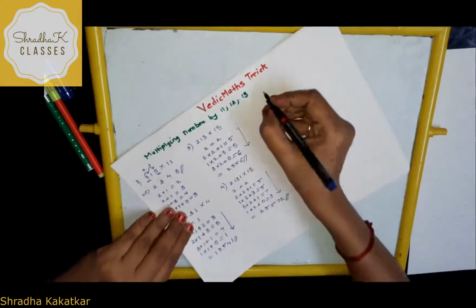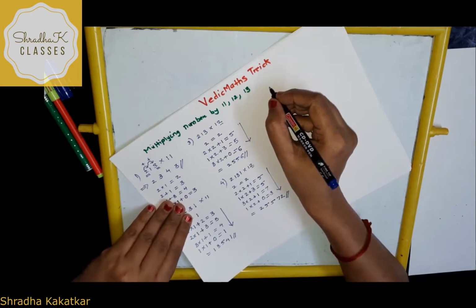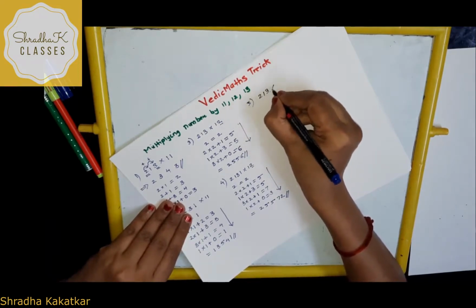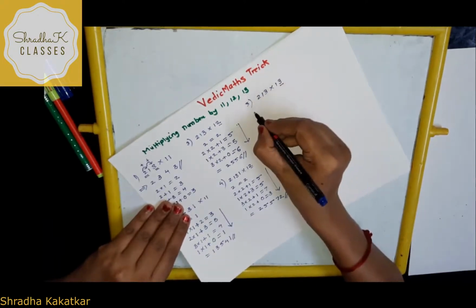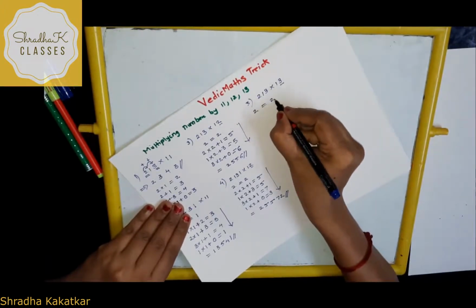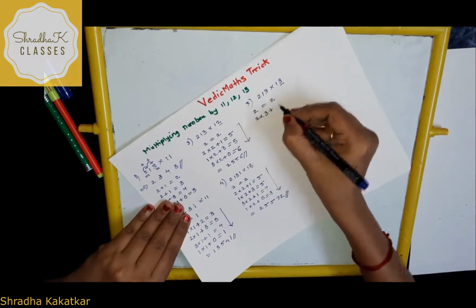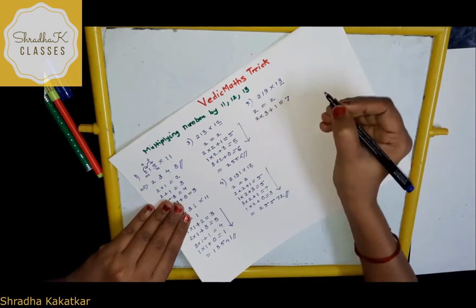Okay, now let's try to do it with 213 into 13. This is now 3. Write the first digit as it is. Then 2 into 3 plus the next digit, 1, so 6 plus 1 is 7.